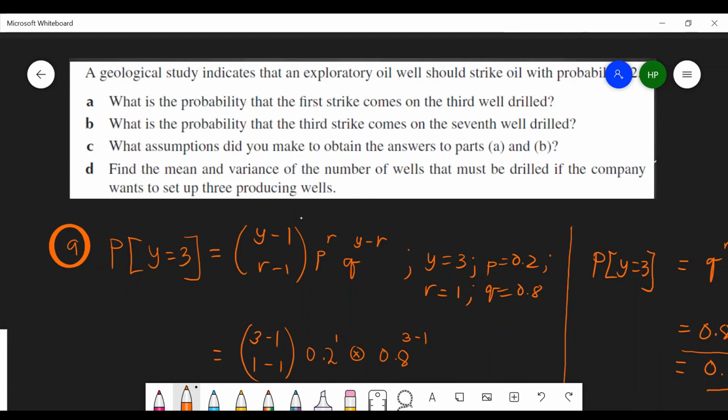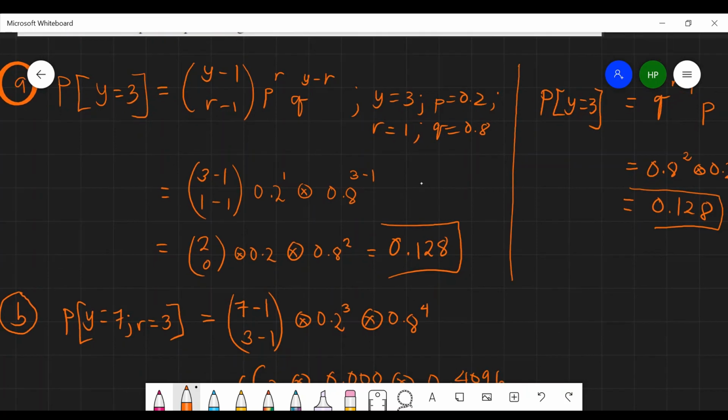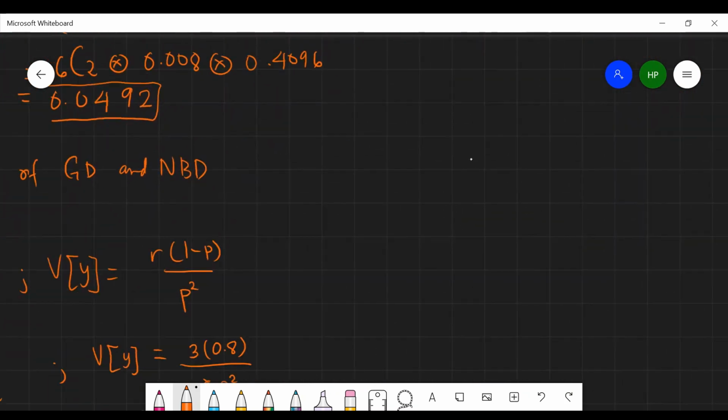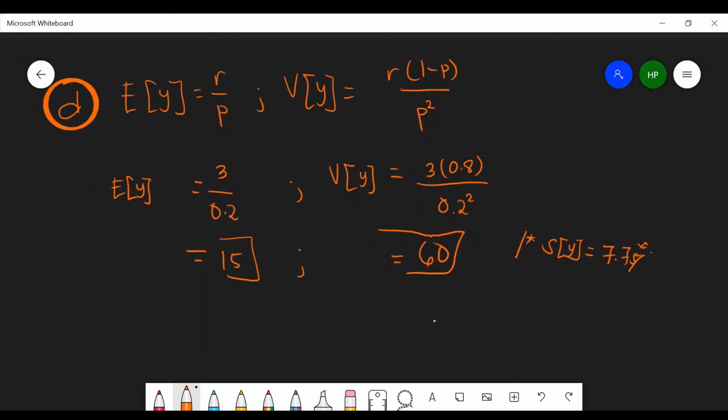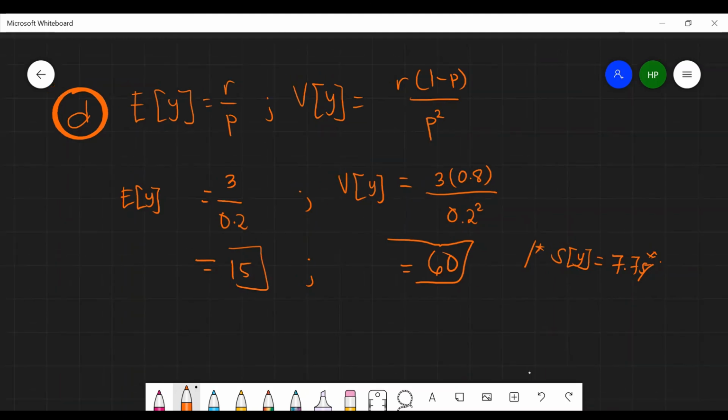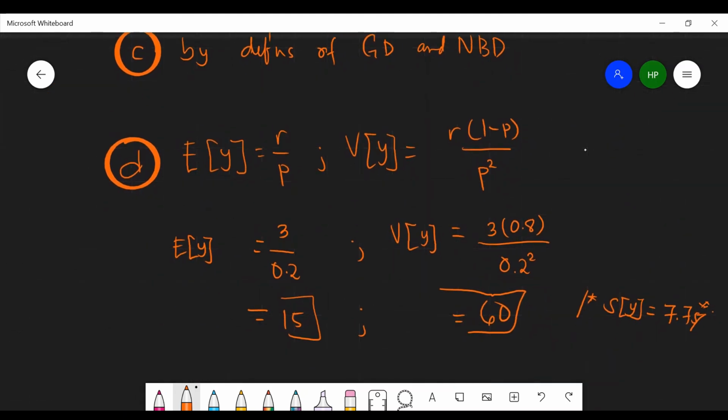Okay? At dahil malaki yung variance, ang variance natin ay 60. So, naglalaro-laro yan sa 15, 16, 17, and so on, or 7.75 kasi yung standard deviation. So, medyo malaki-laki. Okay? So, that ends your lesson for negative binomial distribution.